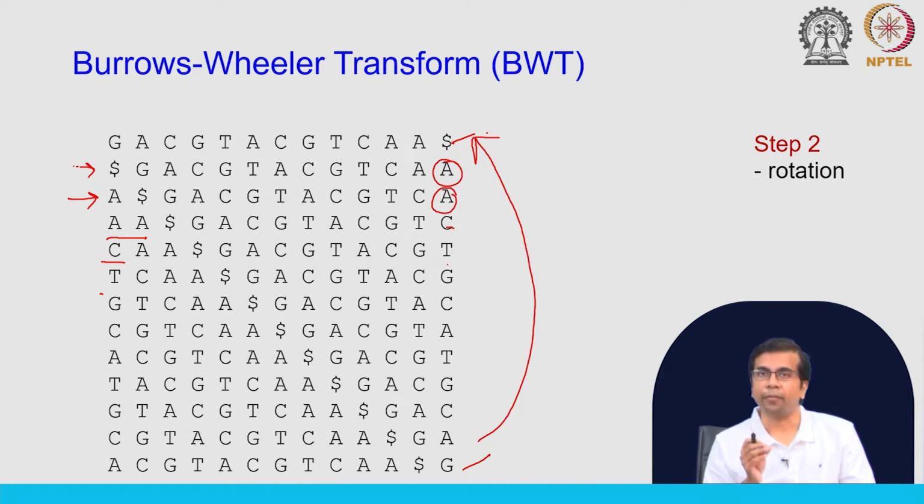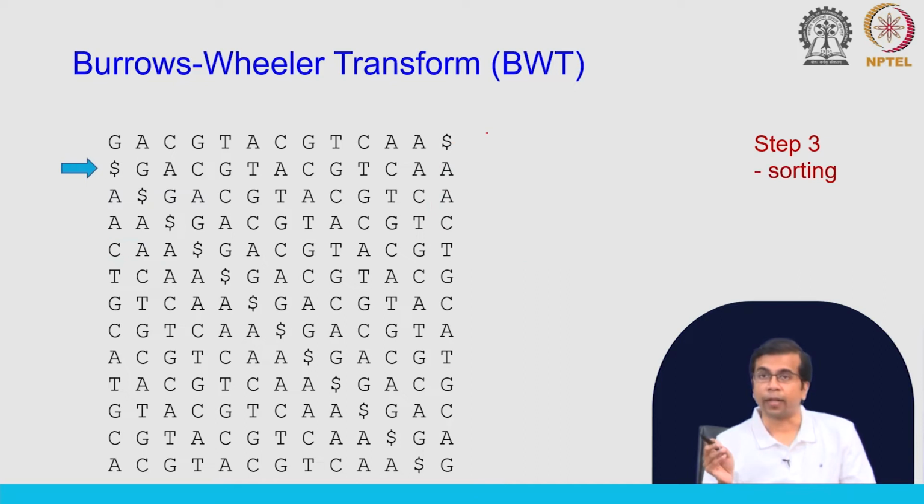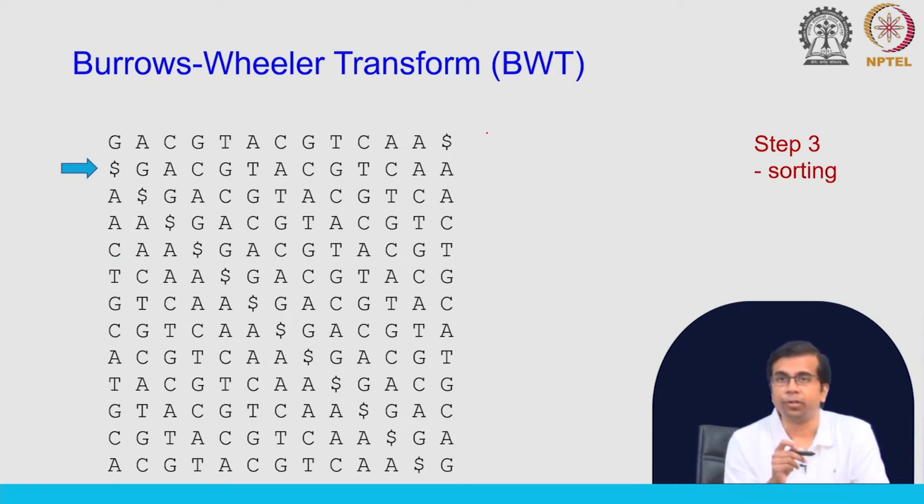Once we have generated these rotations, we take the original string and the rotations and we do the sorting. Here we go back to the sorting step. Please have a look carefully: once we sort all these strings, which one would be the first string that we pick?